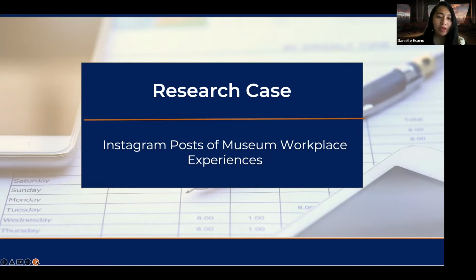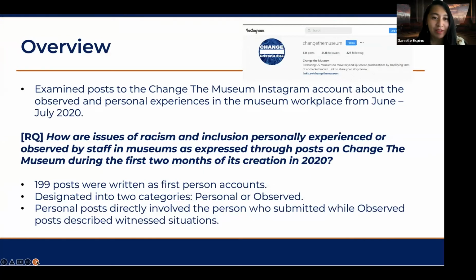So then we looked at the Instagram account, which is called Change the Museum. We have an acronym of CTM for short. As a proof of concept of this analysis, we looked at the first 2 months, where we saw a rapid amount of posts, which was in June and July of 2020.